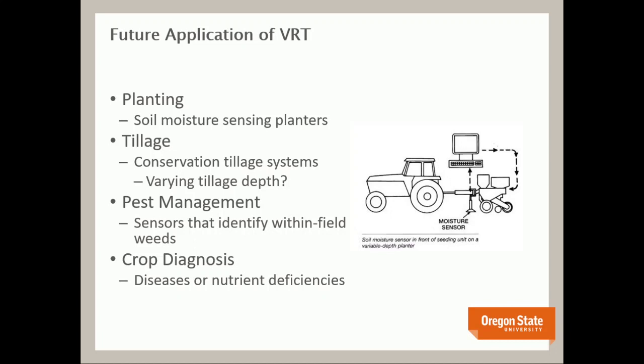Future applications of variable rate technology: planting, with soil moisture sensing planters; tillage, conservation tillage systems, permanent raised beds or other techniques, varying tillage depth; pest management, sensors that identify weeds within the field, crop diagnosis, diseases or nutrient deficiencies.